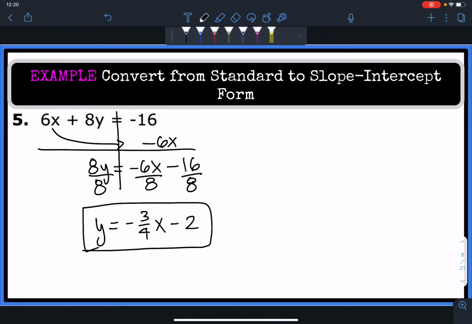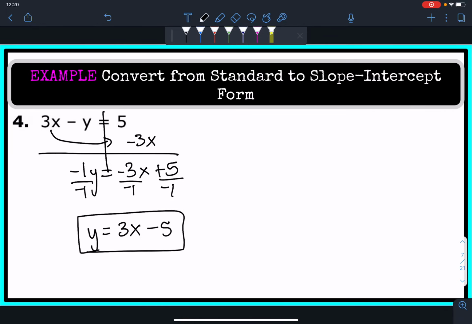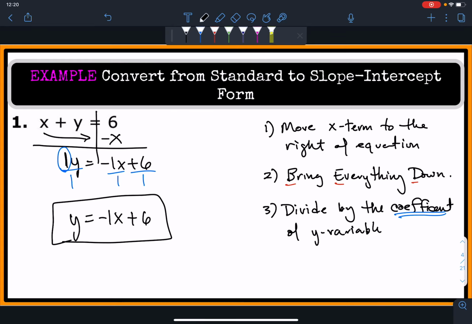And again, the purpose that we want to do this is because we want to identify specifically, let me start with the first example, the slope of our lines. That's what we really want to focus on, identifying the slope of each one of these lines. Like right here, the slope of our line is negative 1, and I didn't do this on the previous example, so let me go back.